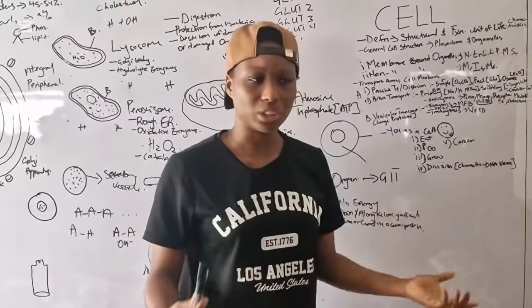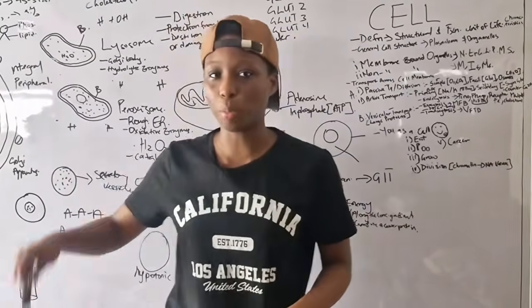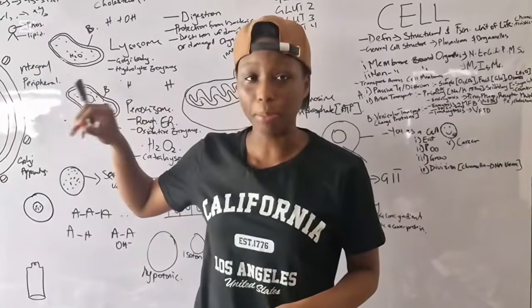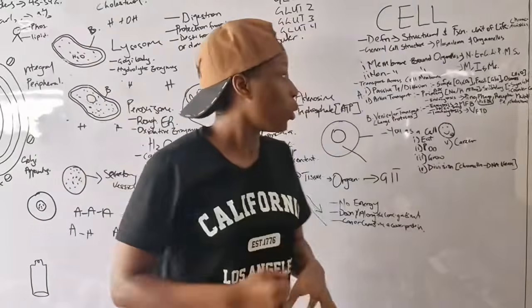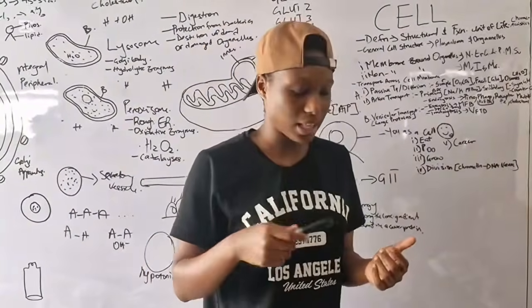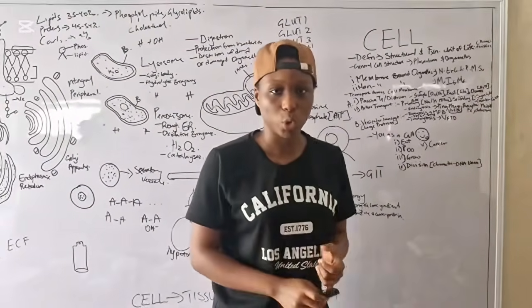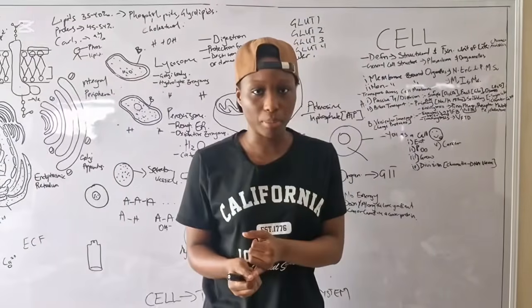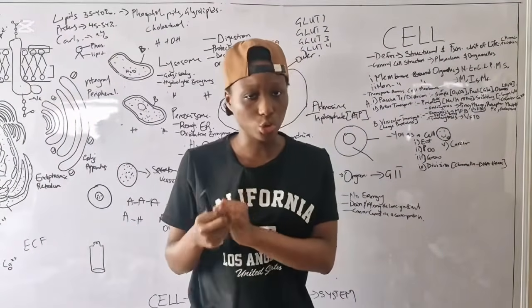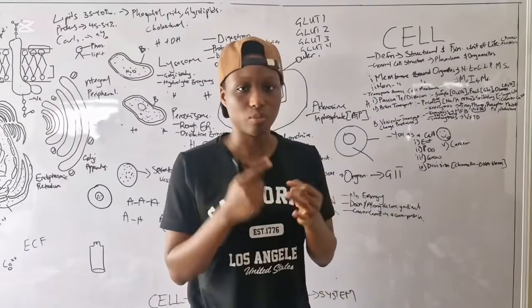So what does that mean? It means that the molecule cannot pass through the membrane of the cell, either because it is too big to pass through the little holes in the cell membrane, or because it is not liposoluble.